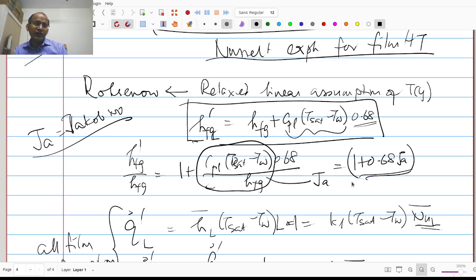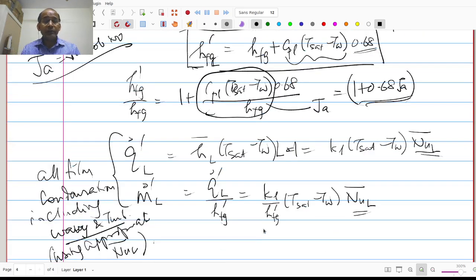Both of these, of course, are valid only for laminar condensation films, and the expression that we write for the global energy and mass balance, that is the total heat transfer from the vapor to the wall per unit width of the plate of length L, is given by QL prime dot, and that is equal to hL bar multiplied by Tsat minus T wall, which is the average heat flux multiplied by the area, which is L into 1.